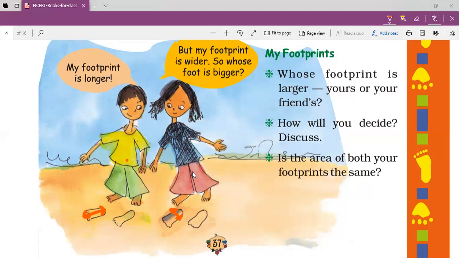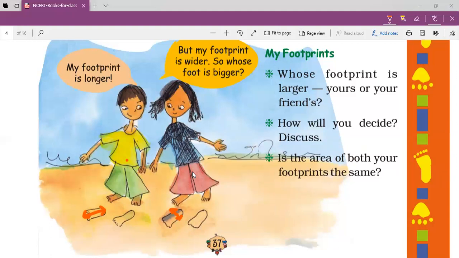Ask him or her to draw a footprint in front of their house, and you draw your footprint in front of your house. Okay, and just compare the footprints. How will you decide? If there are squares in your passage, you can draw a square grid over there, and draw the footprints in the square grid.